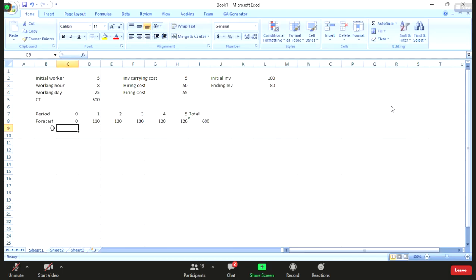After that, this is for the production, and then the inventory. Initially we have 100. At the end of period 5, we need to have only 80.